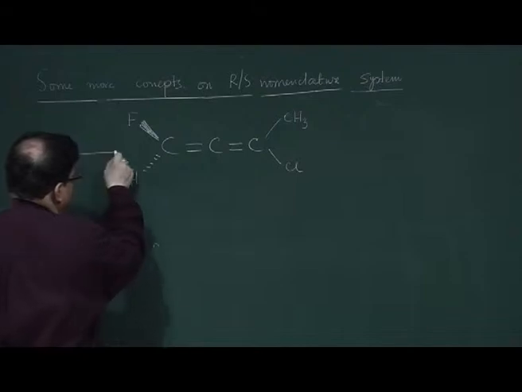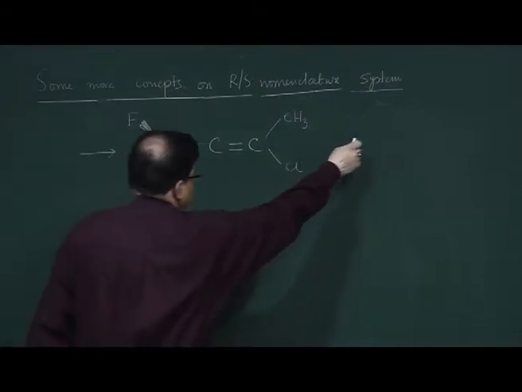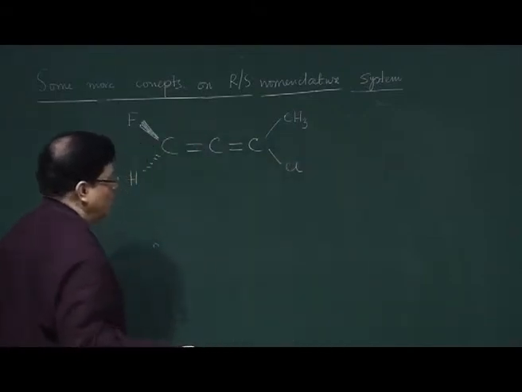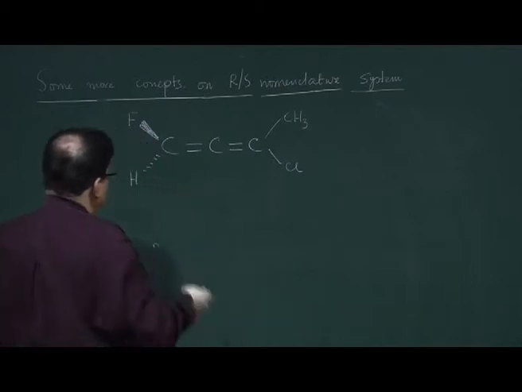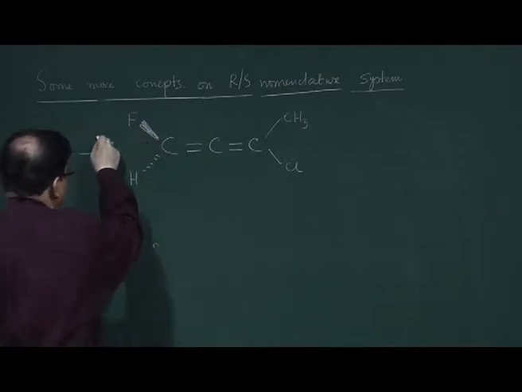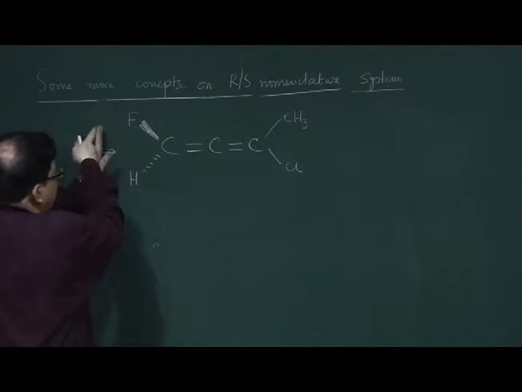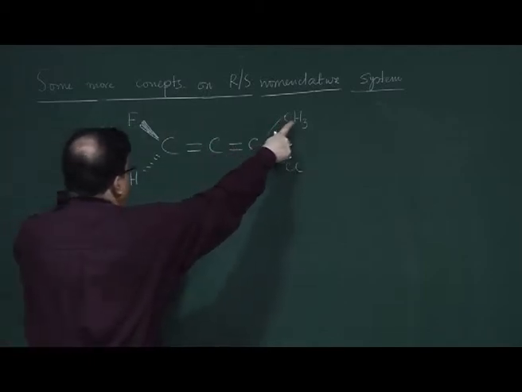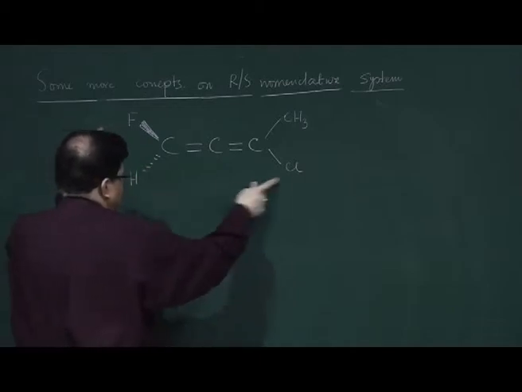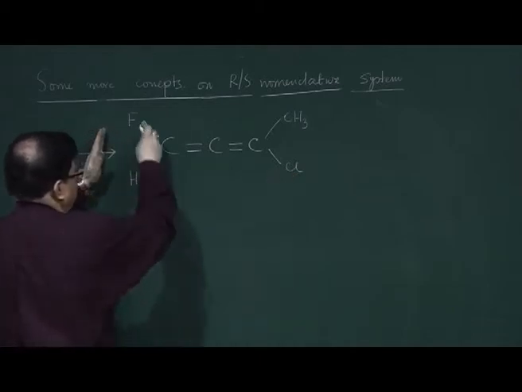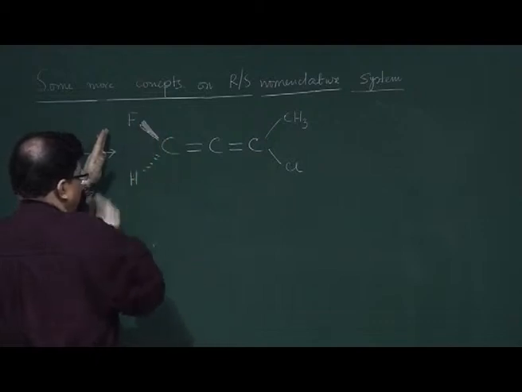Now, you can see from this side also, you can practice at home and you will see the same result will come. So, if I see from there, again I repeat, I am standing here in the plane of the board. So, my head is pointing towards the methyl and my leg is pointing towards the chlorine, but the horizontal axis belongs to the fluorine and hydrogen.